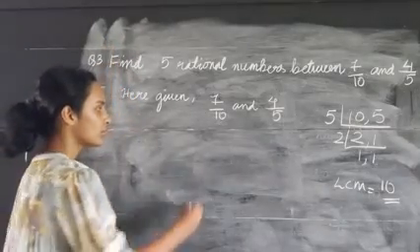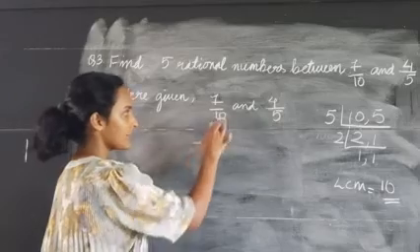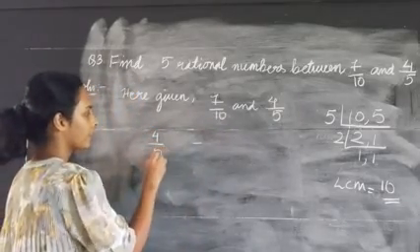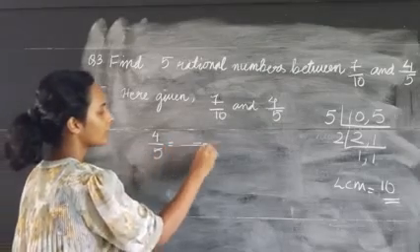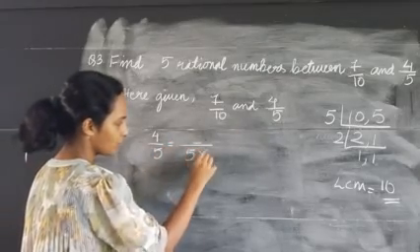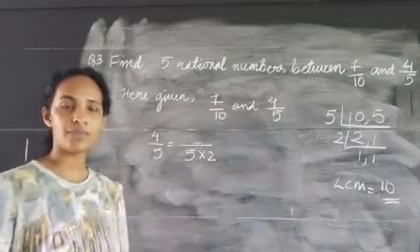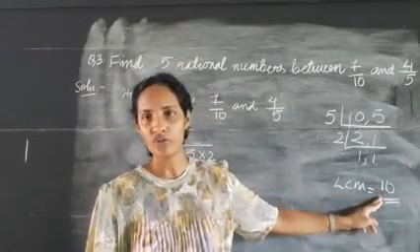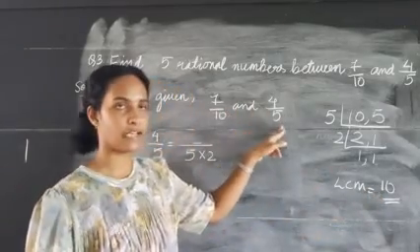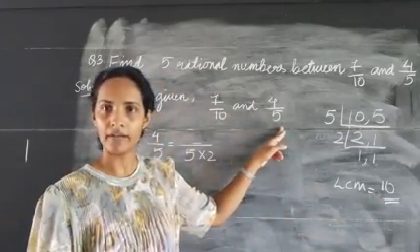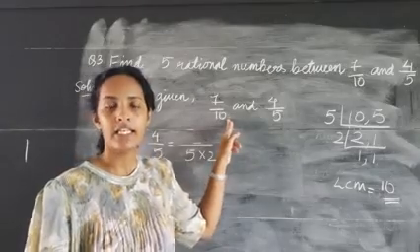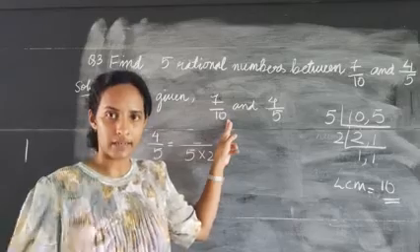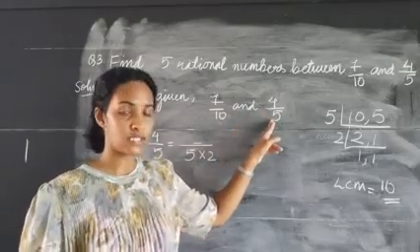So the first step: 7 by 10 remains 7 by 10 itself. 4 by 5 is equal to 4 by 5 into 2. Why into 2? Because I know that the LCM is 10. In order to make both denominators 10, I need to do something. The first denominator is already 10, so I don't need to do anything. But the second denominator is 5.